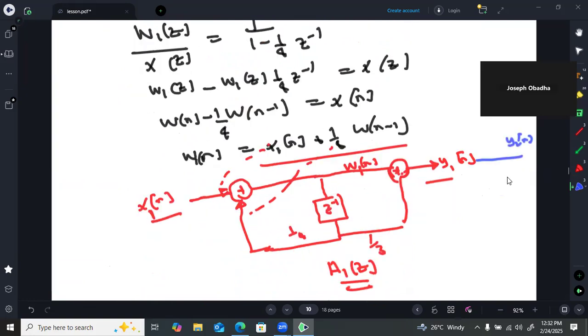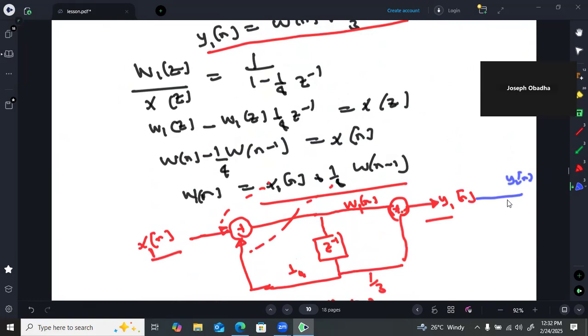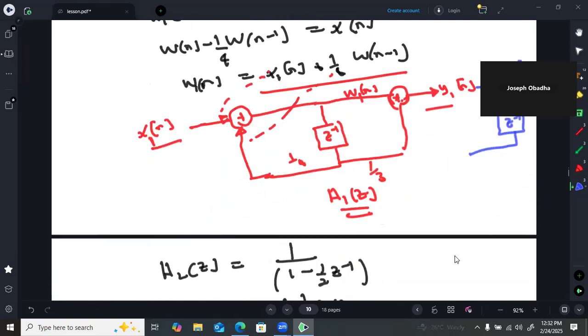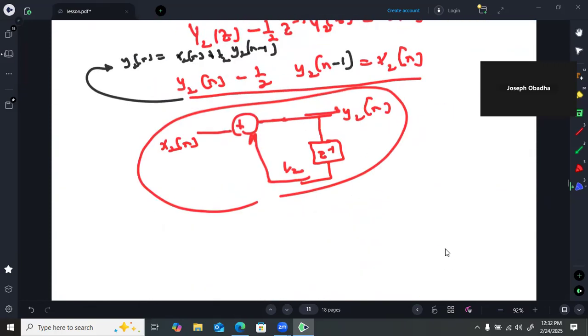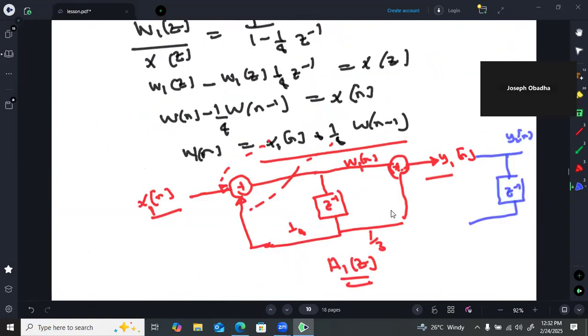And then we have the delay, z minus 1. It goes back to the input. So instead of having the X2, this would be now the input to the system.